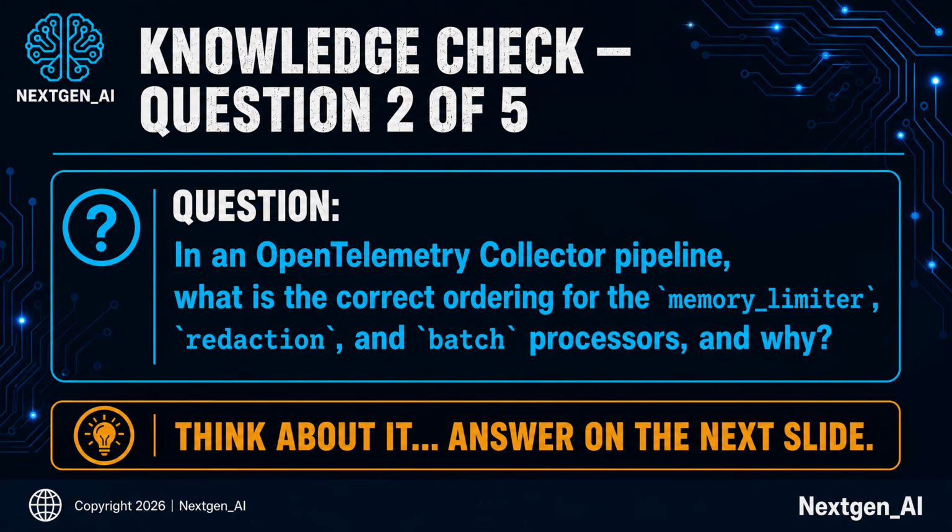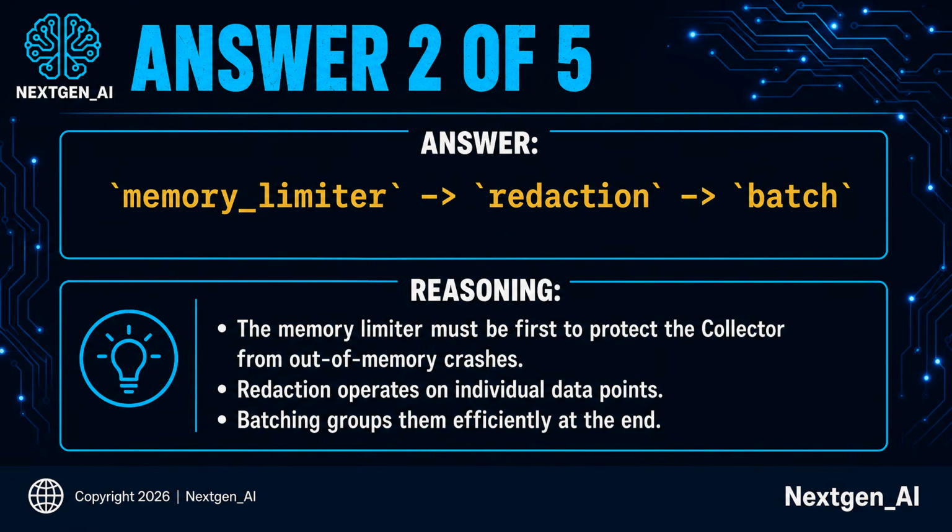Question 2 of 5. In an OpenTelemetry Collector pipeline, what is the correct ordering for the memory_limiter, redaction, and batch processors, and why? Think about it. The correct order is memory_limiter first, then redaction, then batch. The memory limiter must be first to protect the collector process from out-of-memory crashes before any processing begins.